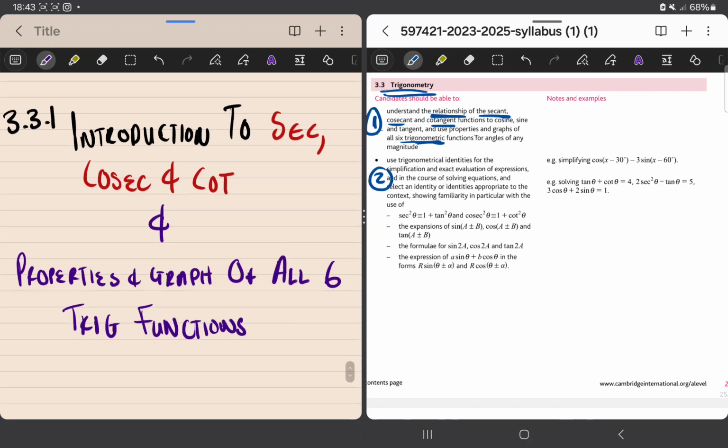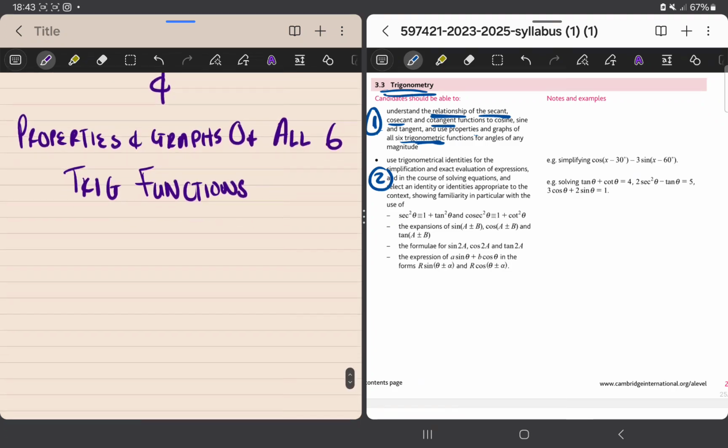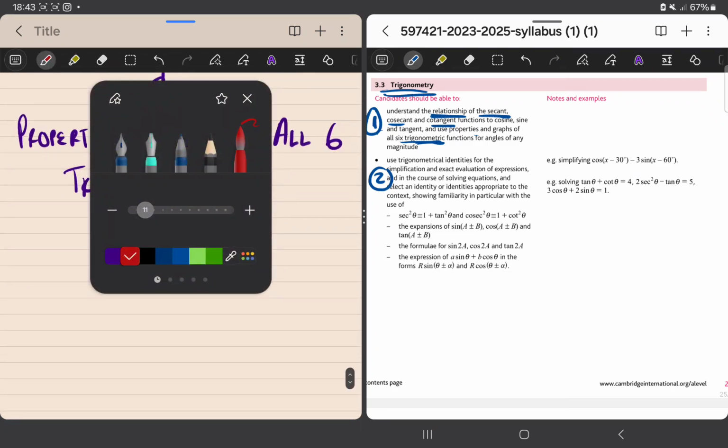We are introducing you to 3 more functions, and then we are going to learn the properties and the graphs of all 6 trig functions, so that we can be able to find an angle of any magnitude by knowing the properties and the graphs of all 6 functions. They're called trig functions.